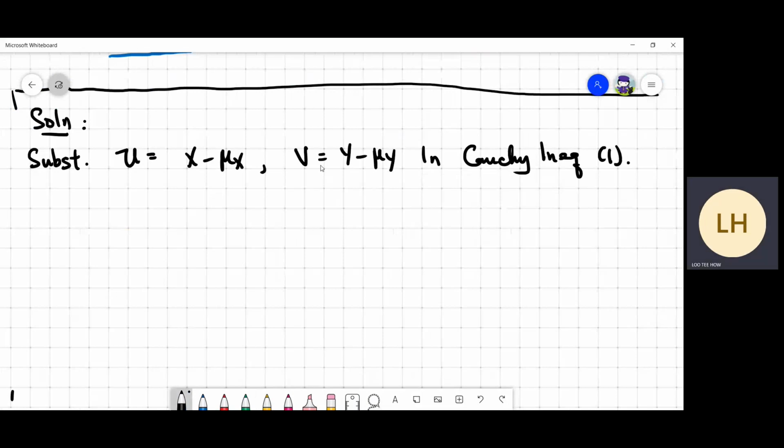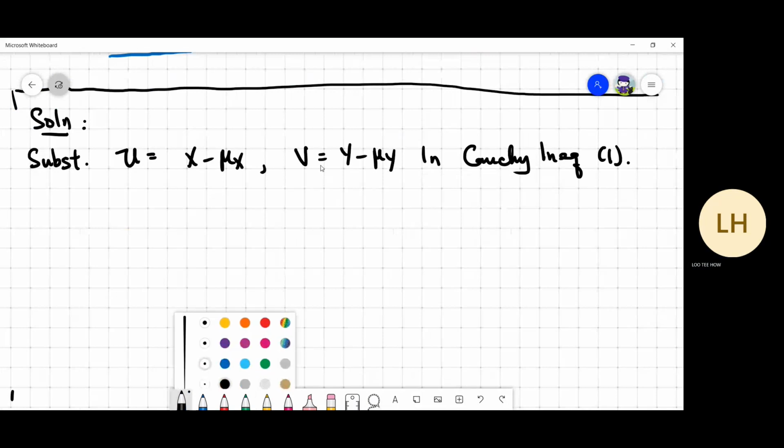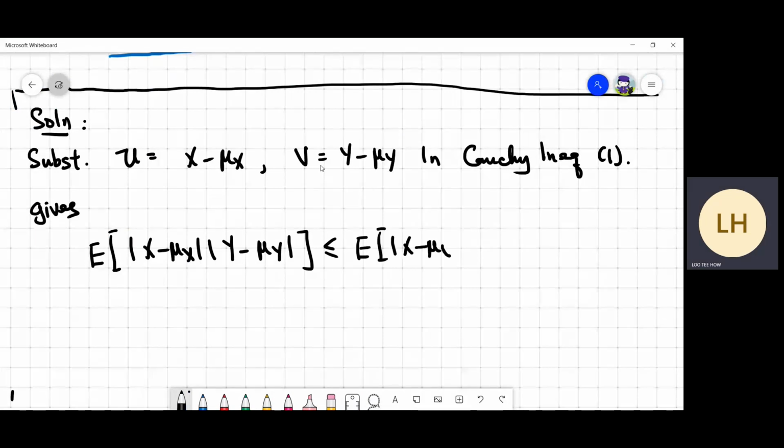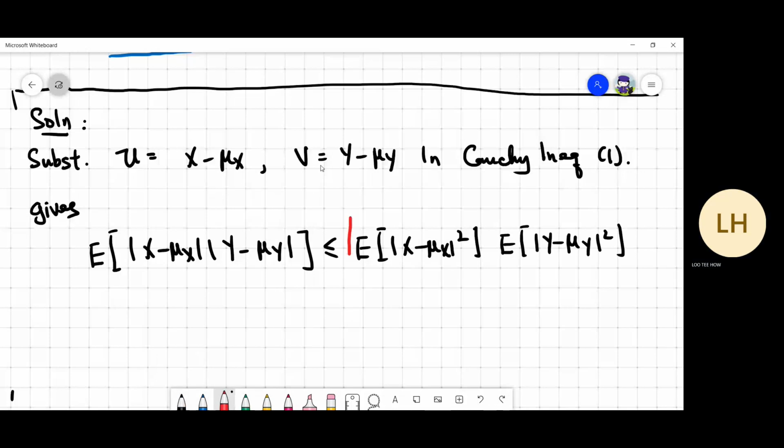Then we can have this: E of modulus of (x minus mu x) multiplied by (y minus mu y) is less than or equal to the square root of E of modulus of (x minus mu x) squared times E of modulus of (y minus mu y) squared.